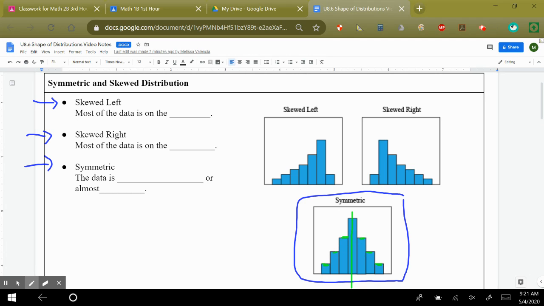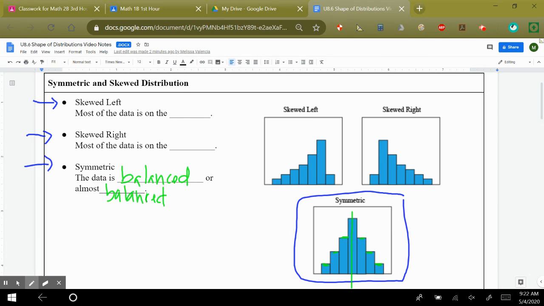I mean, these match up pretty much exactly, but more often than not, they'll be a little bit off, but you'll still be able to tell that they're pretty balanced. So if you're looking at something that's symmetric, the data is balanced or almost exactly balanced. It won't always be perfect, but usually you'll see it pretty close.